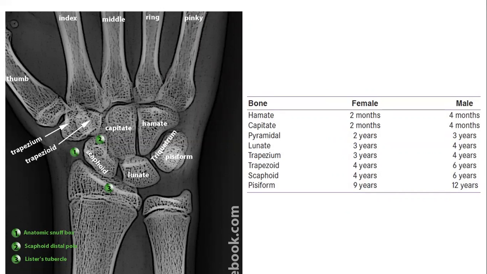How many carpal bones would you expect to see ossified, like on an X-ray, something like that. So if it's a 5-month-old child, you can safely say that 2 of the carpal bones should have ossified by then, because no matter the sex of the child, capitate and hamate are usually ossified by that timing.